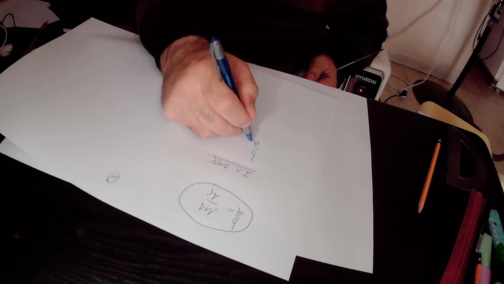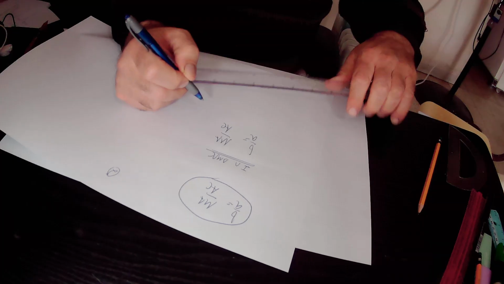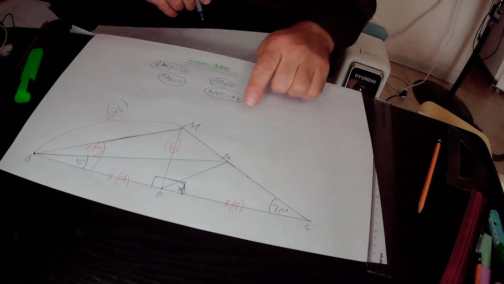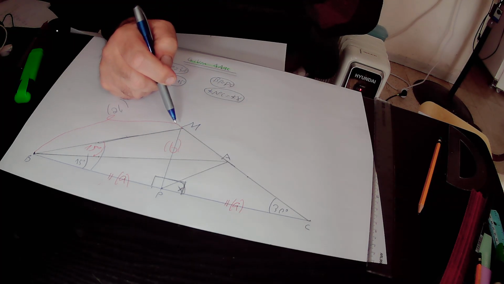In other words, line segment AP divides the sides of this right triangle MPC proportionally.